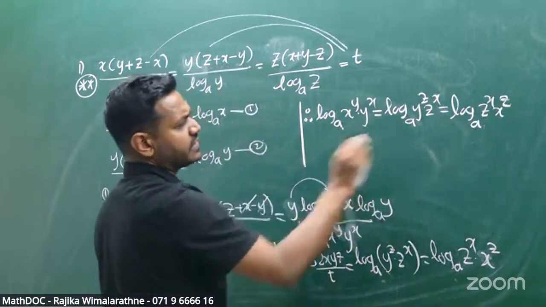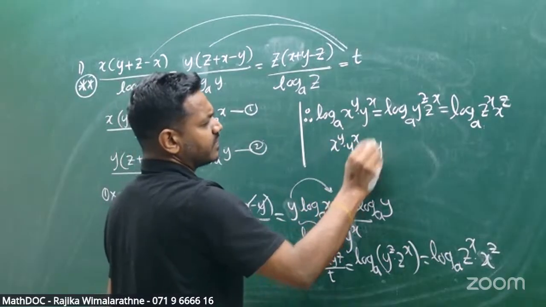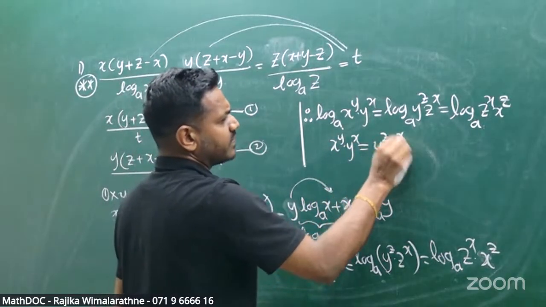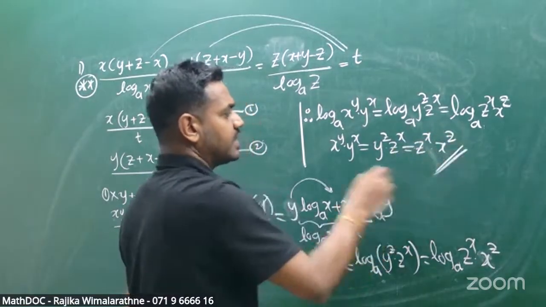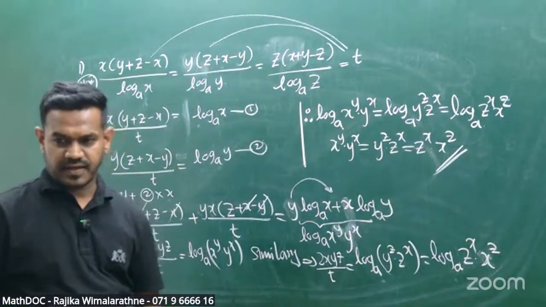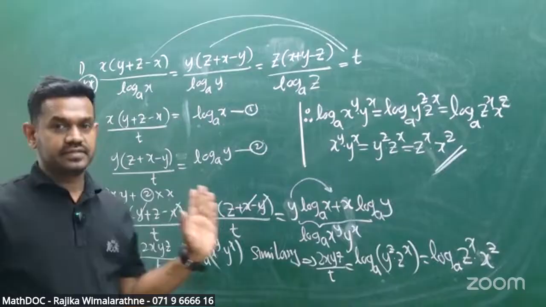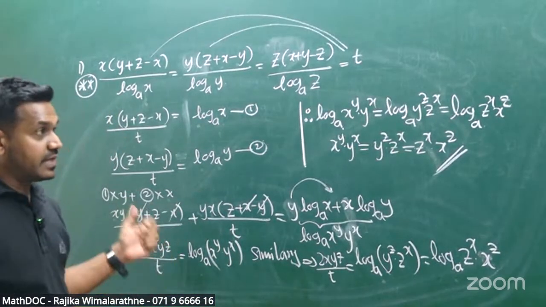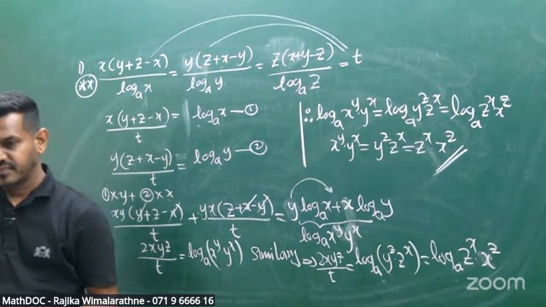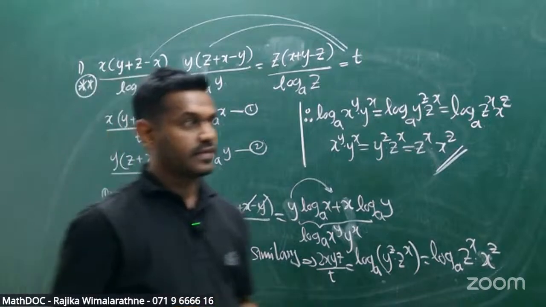Then cancel logarithm. Likewise, you can obtain. Okay. Then this is again a special simplification. So these things you have to practice again and again. Complete.